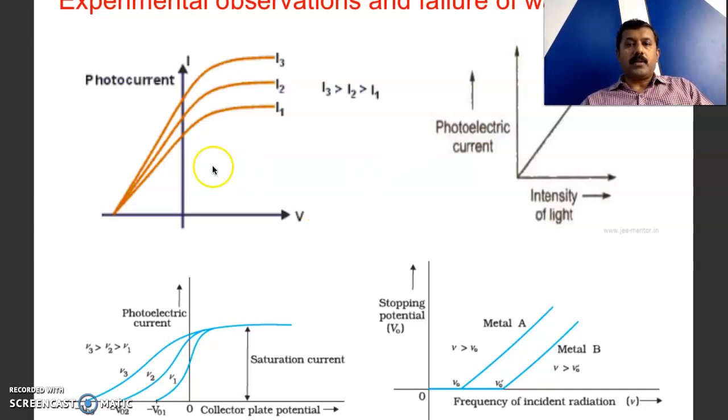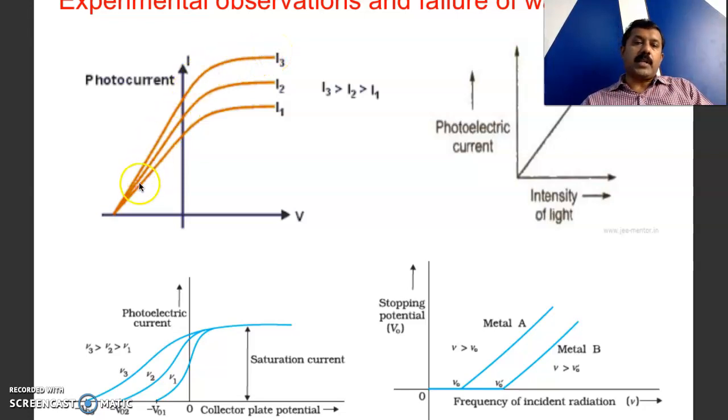For example, these are the graphs of those experiments. If you increase the voltage, you will see that the current also increases. This is for different intensities of light, and then it saturates. This saturation concept cannot be explained by using classical laws.